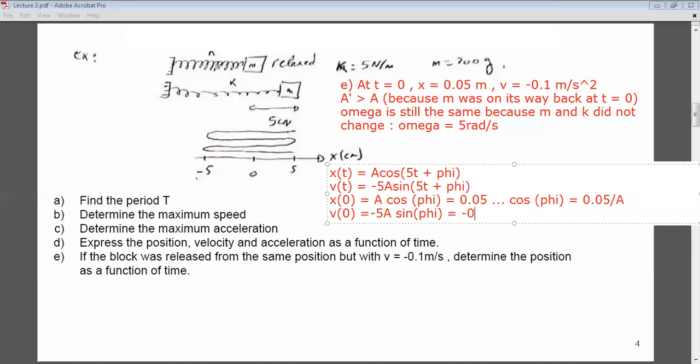This is equal to minus 0.1, which implies sine phi equals minus 0.1 over minus 5. So this is 0.1 over 5.